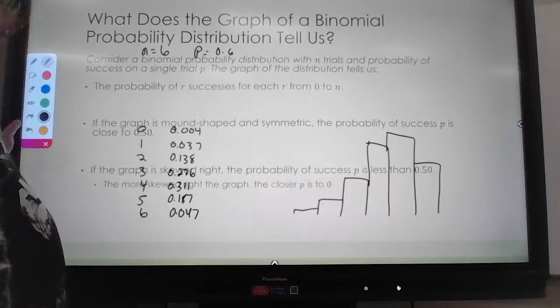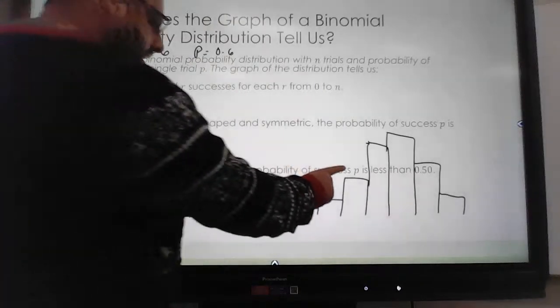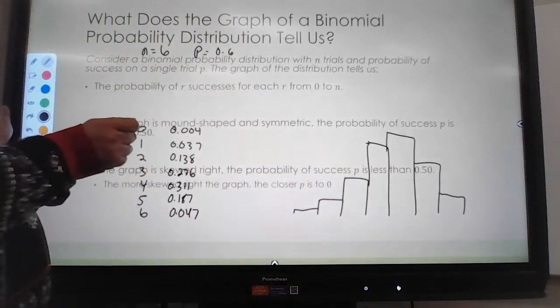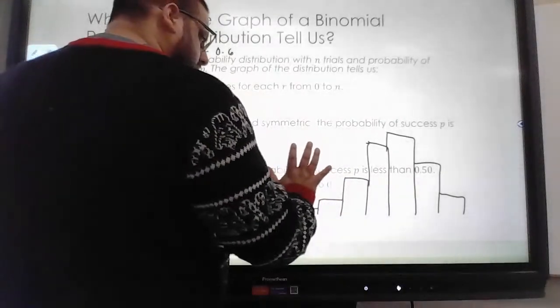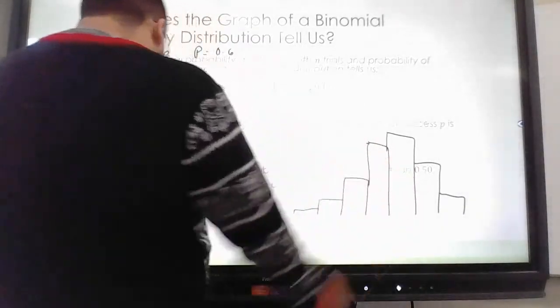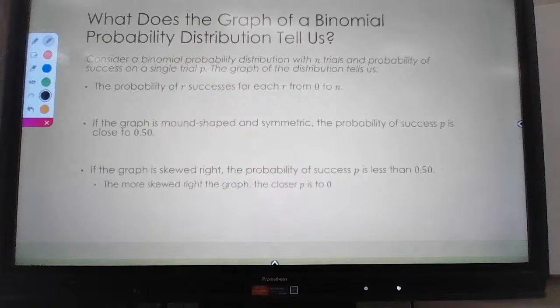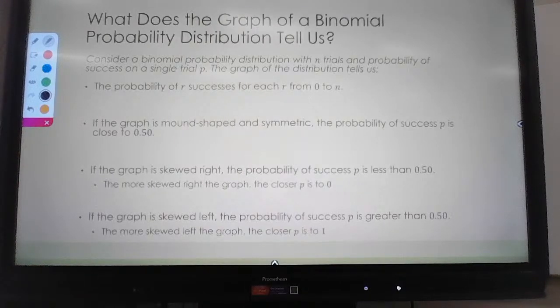But as we saw from this example, the probability was a little bit greater than 0.5, so that means that we skewed to the left. The more skewed to the right the graph is, the closer p is to 0. On the other side of that coin, if the graph is skewed to the left, the probability of success p is greater than 0.5. So the more skewed left the graph is, the closer p is to 1.